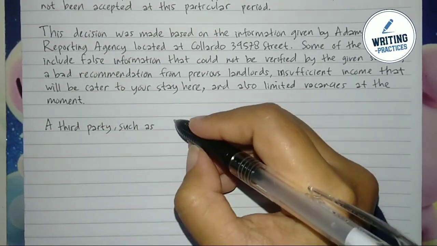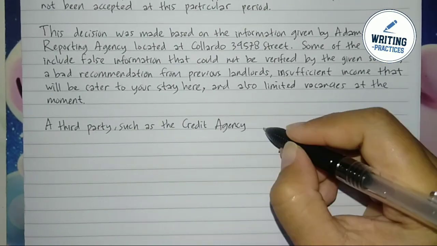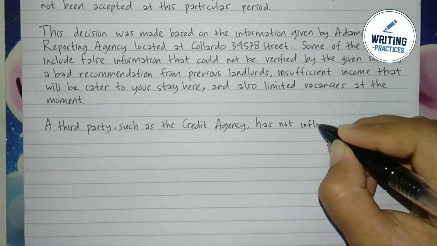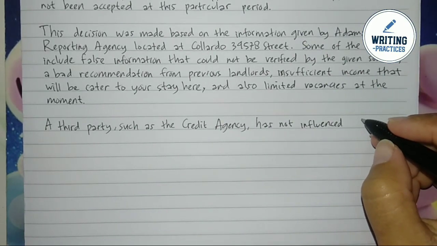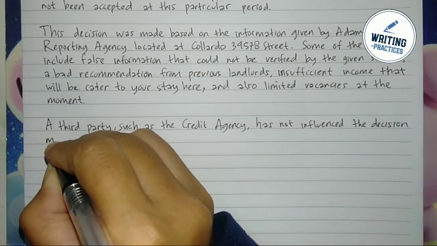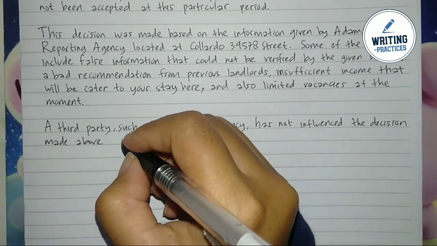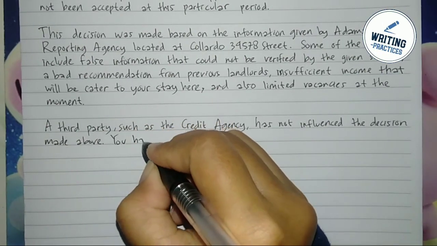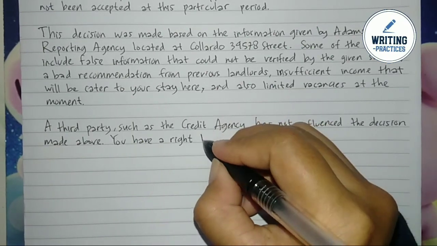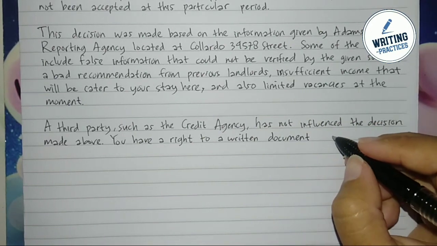In the third paragraph, you can write how the third party you use as a source doesn't influence your decision. And give the recipient the freedom and right to request the written documents regarding this report.